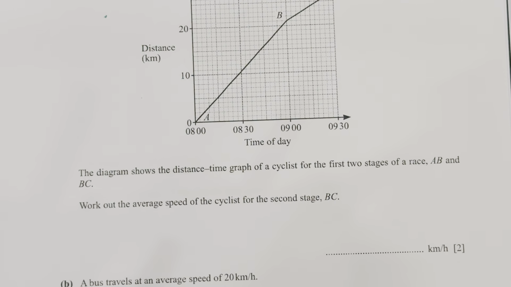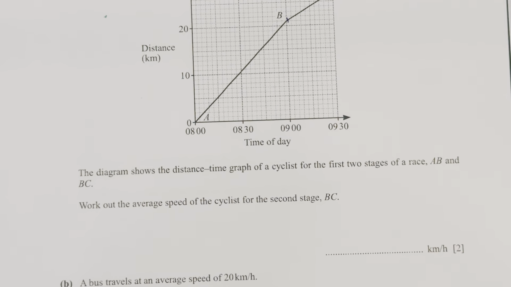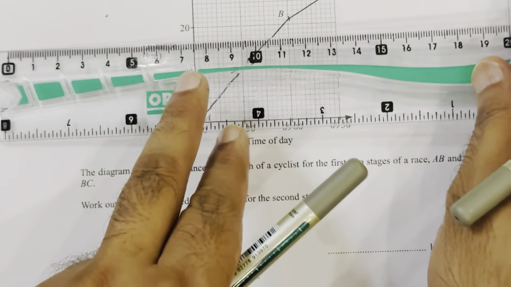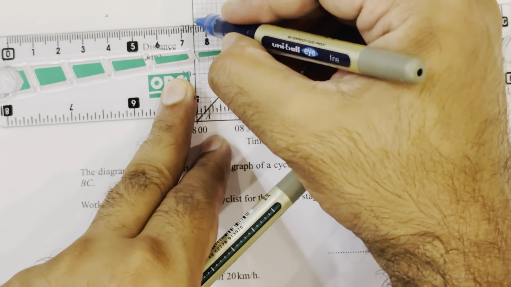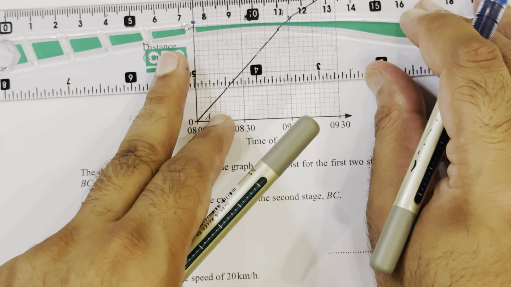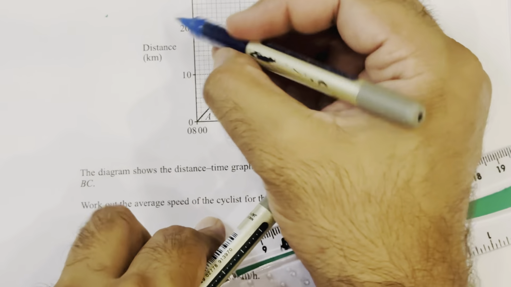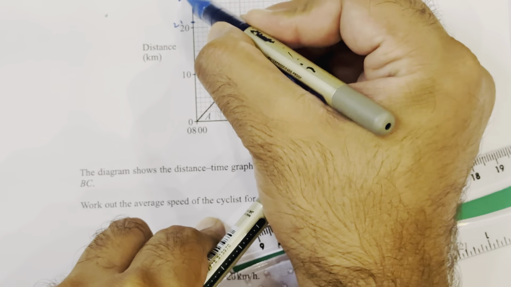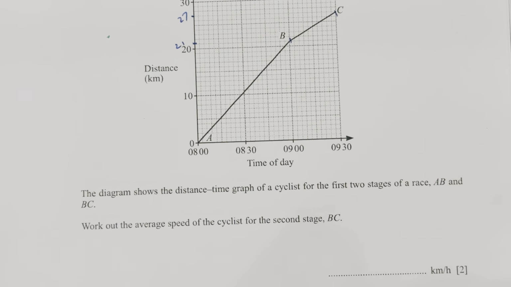It means we need to find the speed for B and C. First we need to identify what the B point is on the y-axis, and it would be this point, and for the C it would be this point. So it would be 21 and it would be 27.